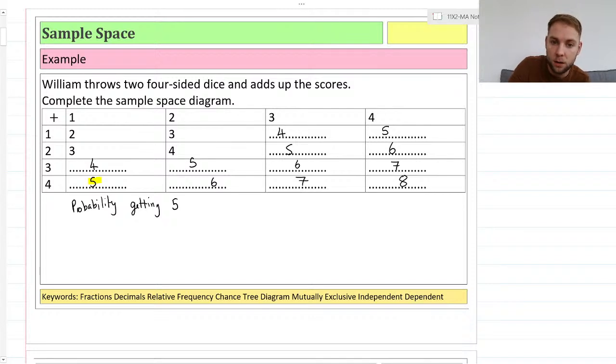So there's 1, 2, 3, 4 5s out of, well, it's a 4 by 4 grid, so it's going to mean there's going to be 4 by 4, which is going to be 16. So it's going to be equal to 4 over 16, which does cancel down to 1 over 4.